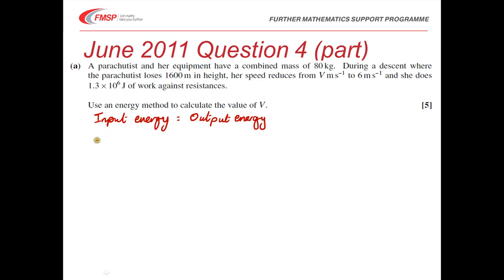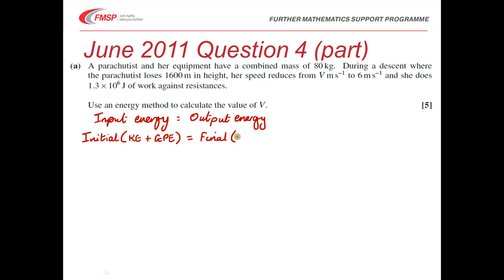But input energy is any energy that the system has right at the beginning, and added to that any work which is done to increase the total energy of the system. So in this particular case we've got an initial kinetic energy and we've got initial gravitational potential energy, but there's no engine adding any energy into the system, so there's nothing further to add in the left hand side of this equation.